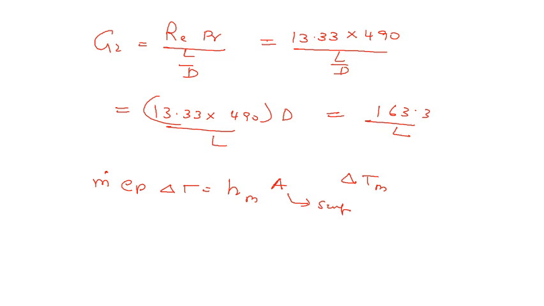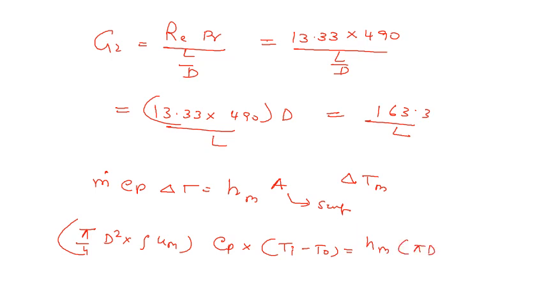The mass flow rate can be given as pi by 4 into d square into rho into um, with the Cp value, and delta T, the temperature difference Ti minus T naught, is equal to H mean into area pi dl into the mean temperature, or LMTD. Let us see the LMTD.